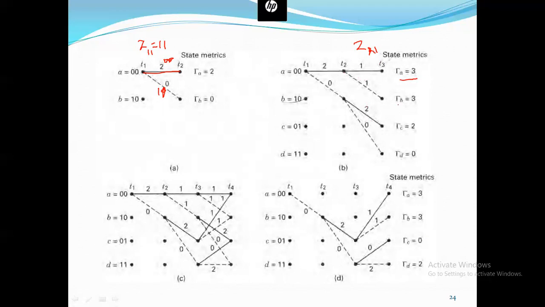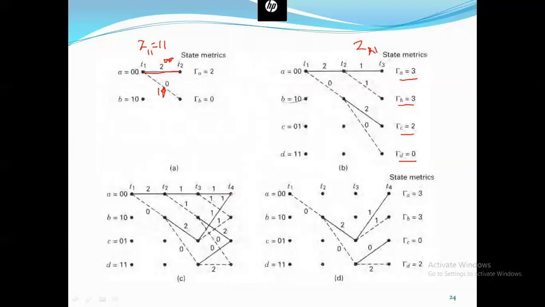So this is the path distance. Here we will not compare, because we keep these four paths to emerge again.